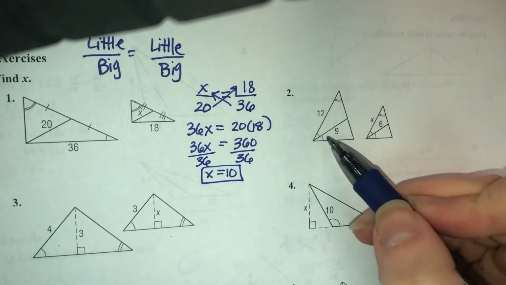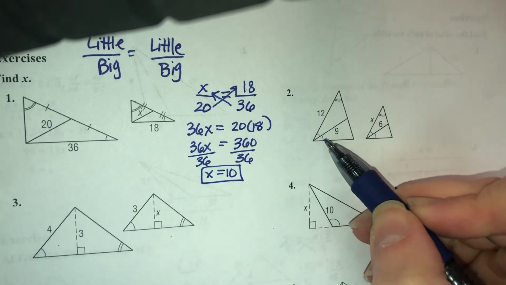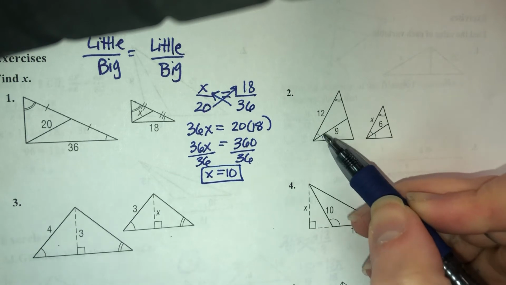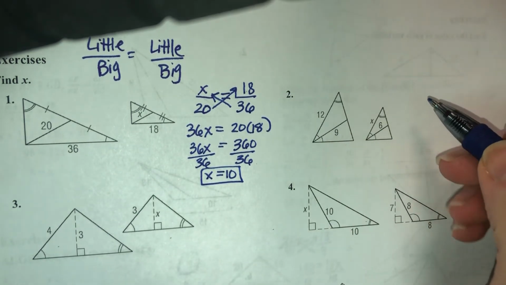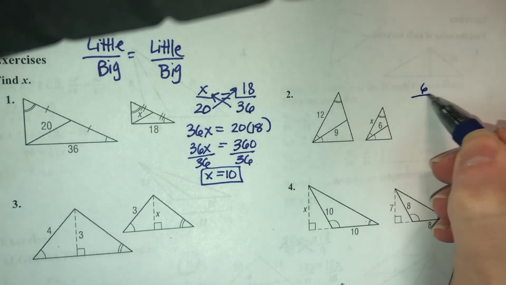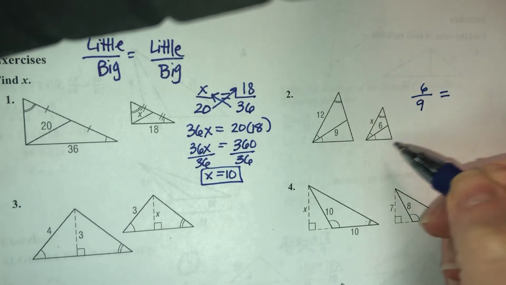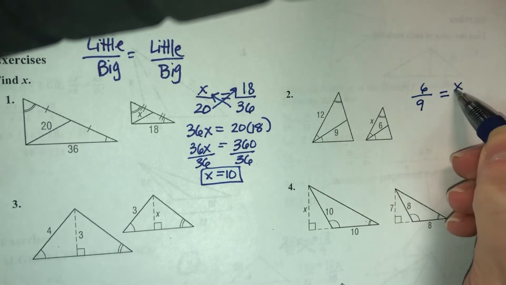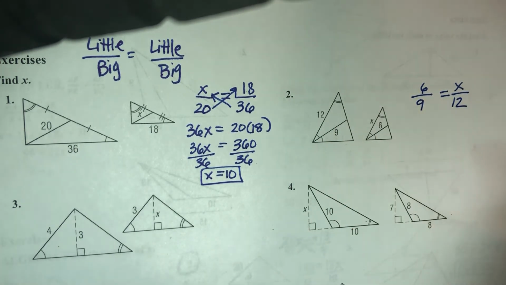On number 2, we have angle bisectors, okay? This mark and this mark show that this line separates the angle into 2 equal angles. So I'm still going to go little over big equals little over big. Little angle bisector 6 goes with big angle bisector 9. Then I'm going to set that equal to little side x, which goes over big side 12.